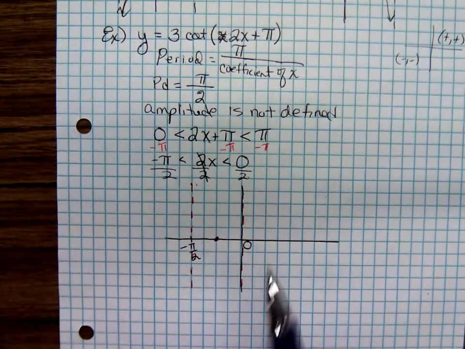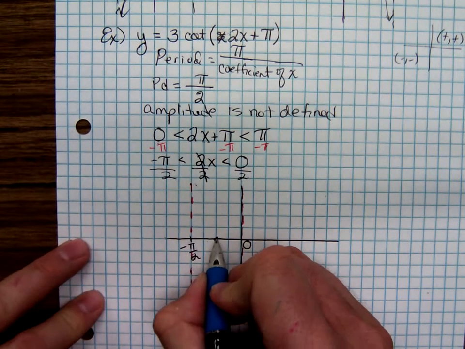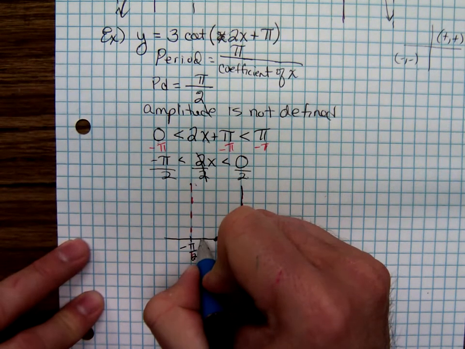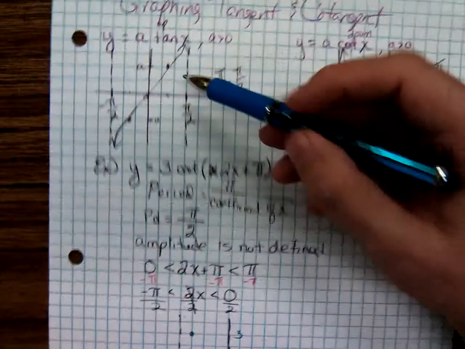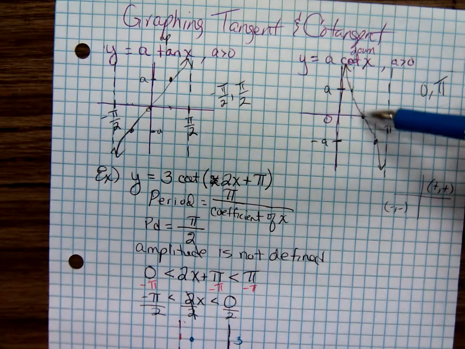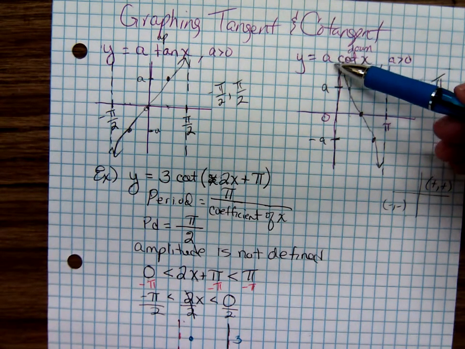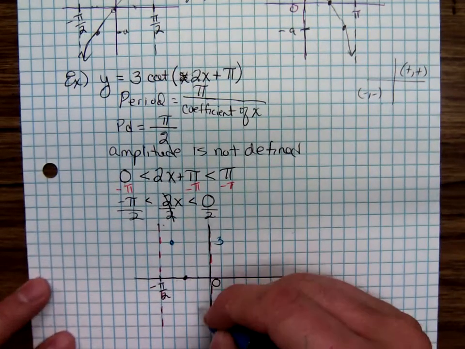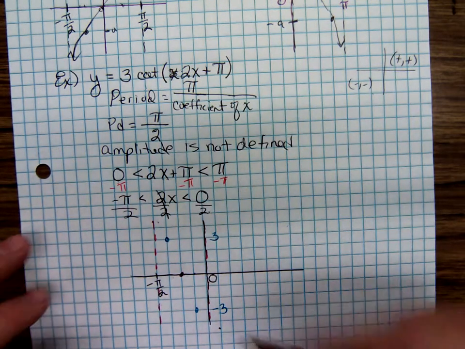And if I want to be real precise about it, right here between the intercept and negative pi over 2, it's going to be at what y value? 3. That's what I was trying to show here. Right here, it's going to be at 3, whatever number A is. And again, A isn't standing for amplitude, it's just a number. And right here, it would be down at negative 3.